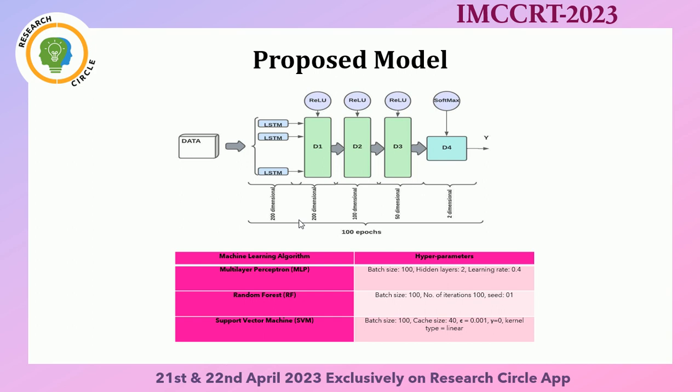In MLP, batch size is 100, hidden layers is 2, and learning rate is 0.4. In random forest, batch size is 100, number of iterations 100, seed is 0.1. In SVM, batch size is 100, cache size is 40, epsilon 0.001, delta 0, kernel type linear.